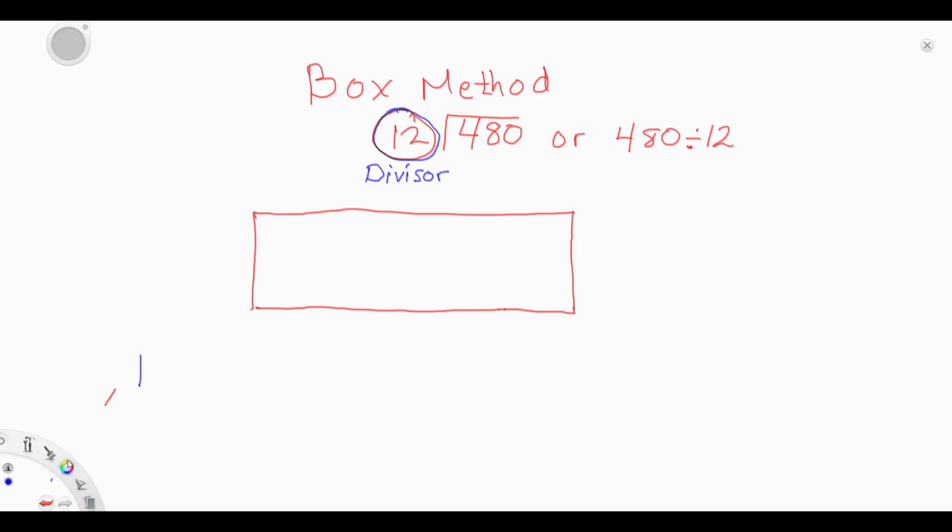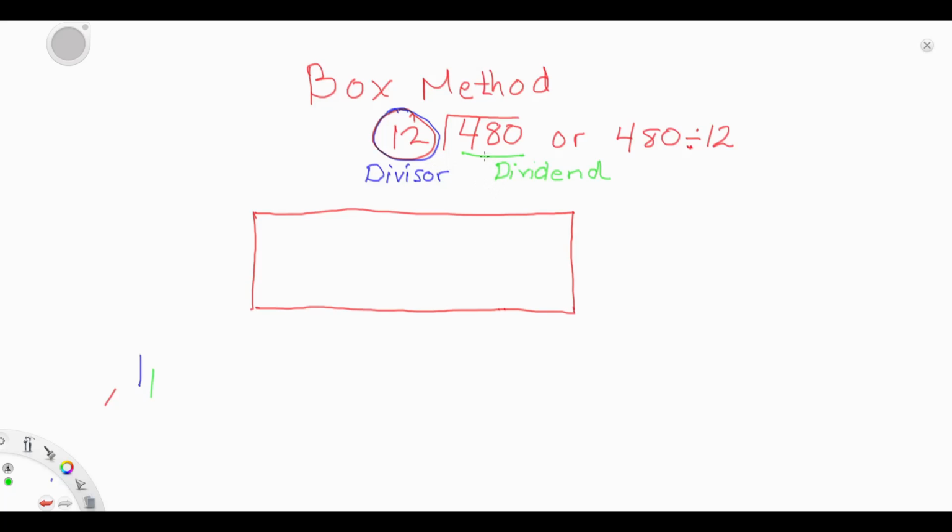Okay, and I want to change this color again. I'm going to change it to green. And the number right here that I'm going to underline, which is 480, that is called the dividend. And remember the dividend. To give a quick explanation, the dividend is the total number that you're going to take and divide evenly.